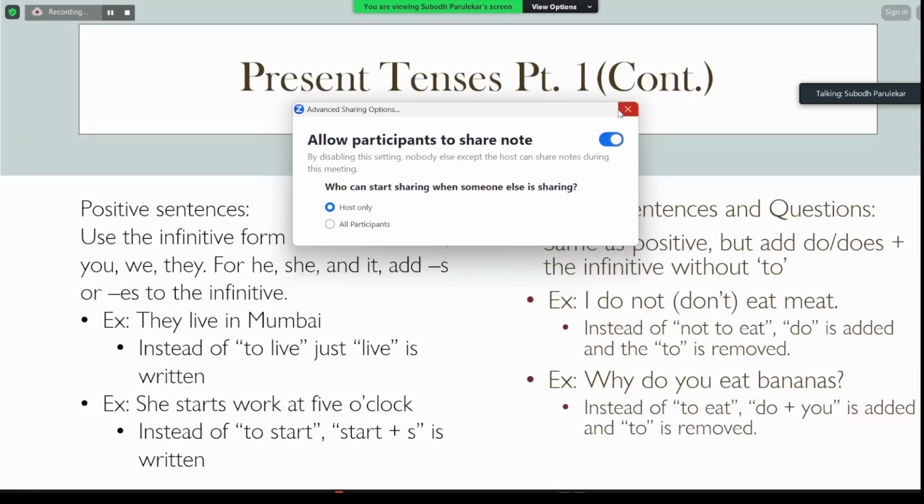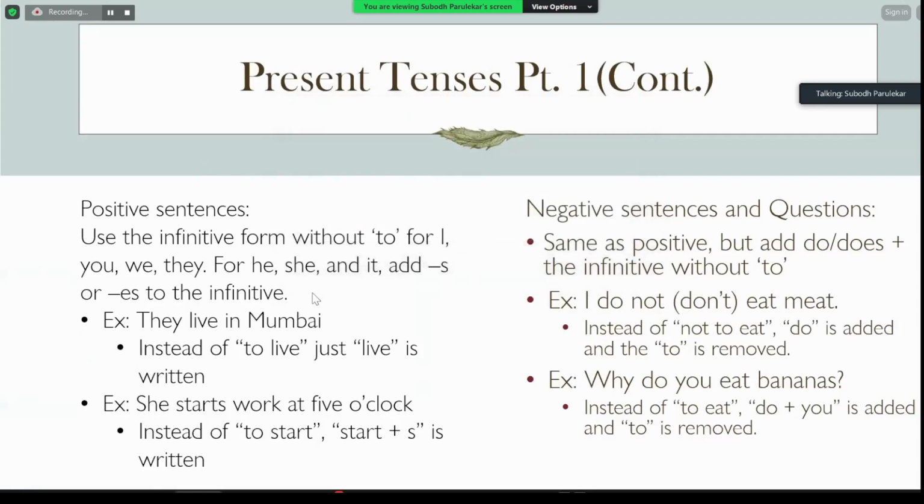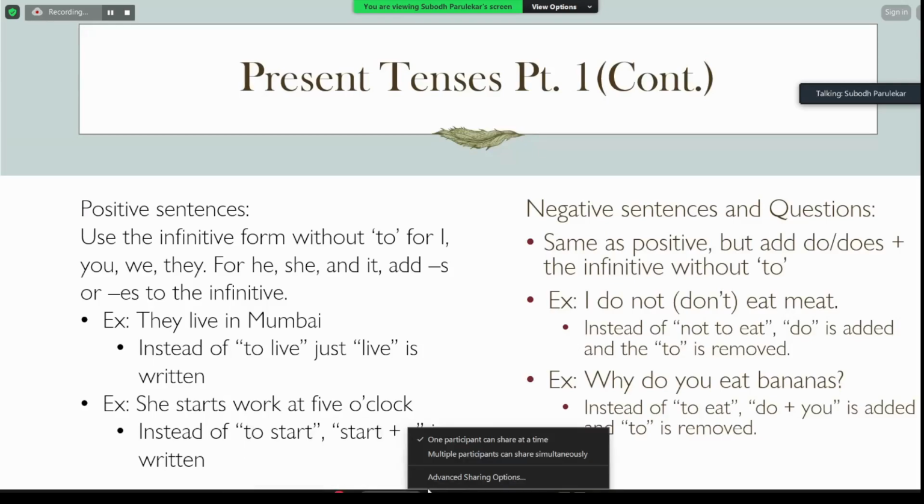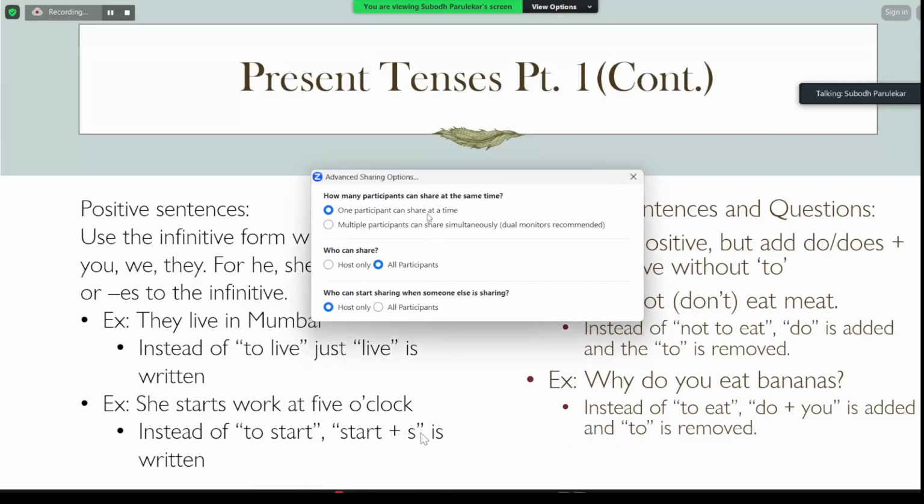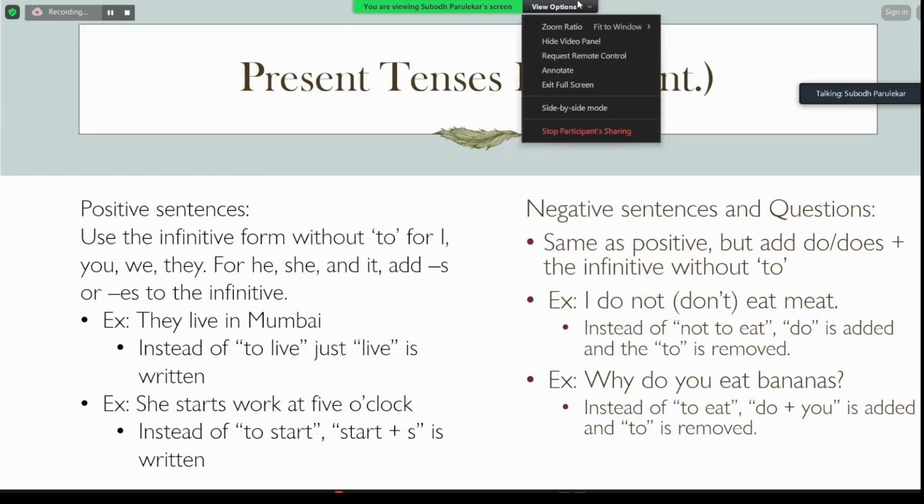So when we are working with he, she, and it, we first have to remove the to from the infinitive form. So we have to suggest, and we take out the to. What do we think a study is: he, she, I, you, we, they, or it?